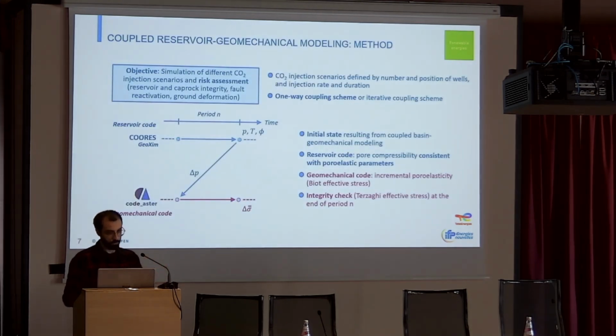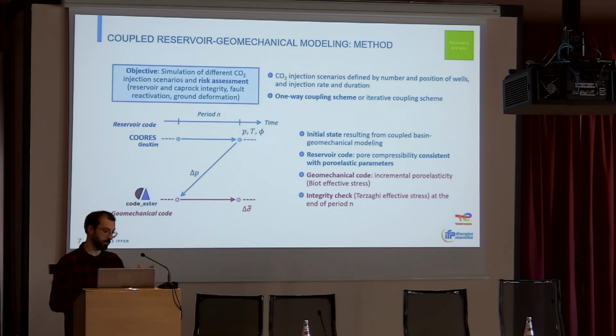So now we go to the reservoir simulation. And we also have a coupling between the reservoir simulation and Code_Aster, the geomechanical code. But this time it's not an iterative coupling, it's a one-way coupling. So we calculate with Geoxim pressure, temperature, porosity, and so on. We give the delta pressure to the geomechanical code, and it will give us stress, shear, and so on.